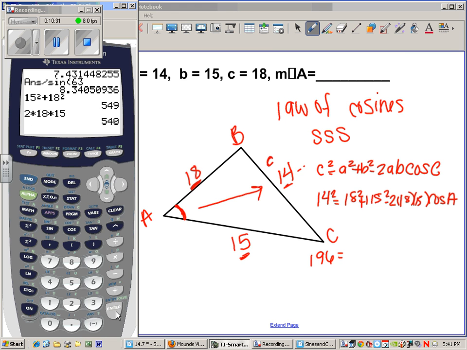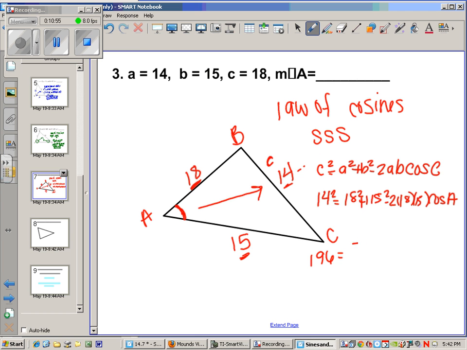So I got 196 is equal to 549 minus 540 cosine of A.